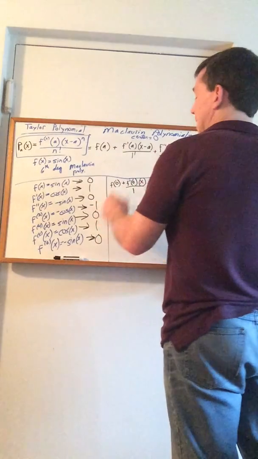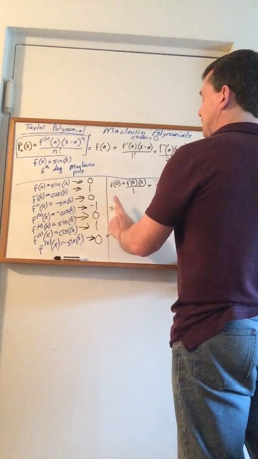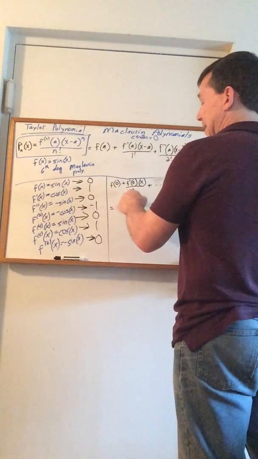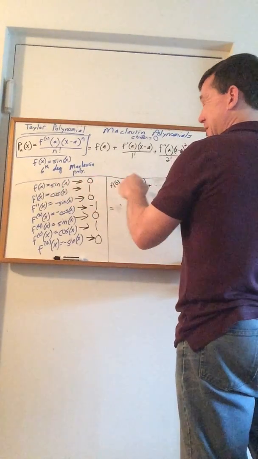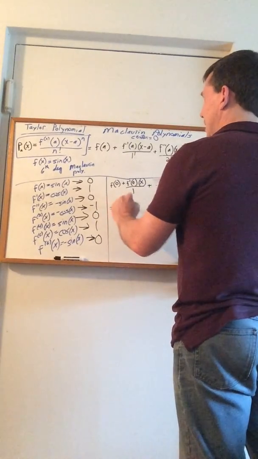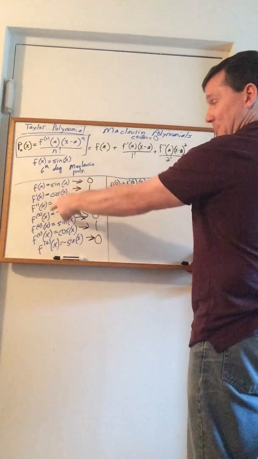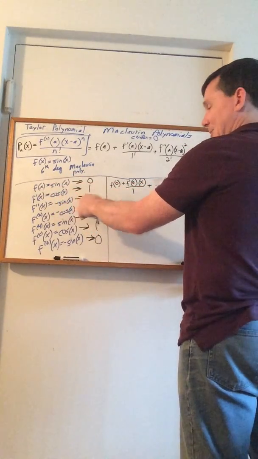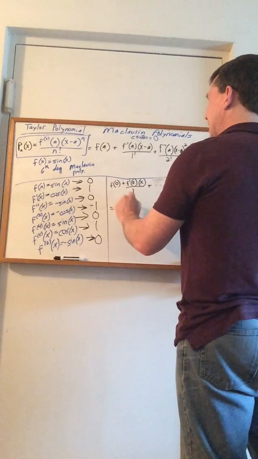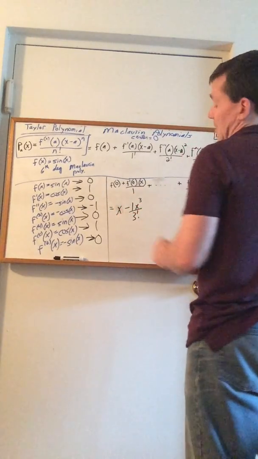So let's see. I get f of 0, which is 0, so I don't even need to bother writing it, plus f prime of 0, which is 1, times x, which is x, over 1, plus the 2nd derivative is going to give me 0, so that term will drop out. The 3rd derivative will give me a negative 1 times x cubed over 3 factorial.